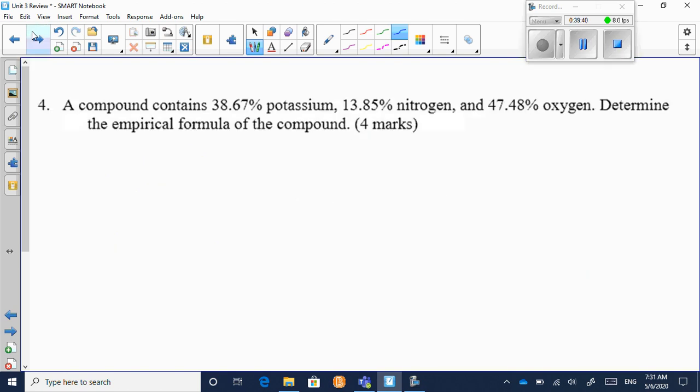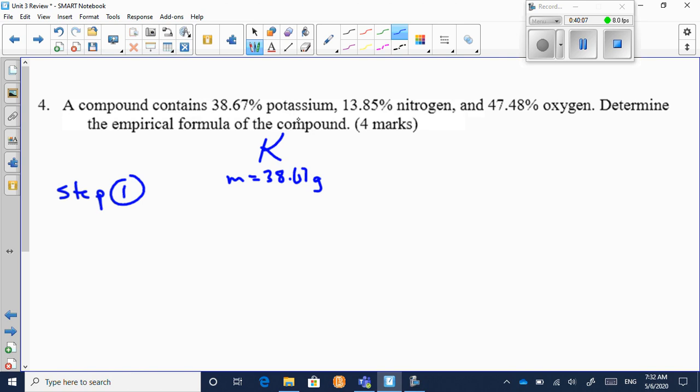Okay, here we go. Here are some other ones. This one's an empirical formula question. Let's use those steps that we decided. Step number 1 is assume that you have 100 grams. So for the potassium, the mass would be 38.67 grams.